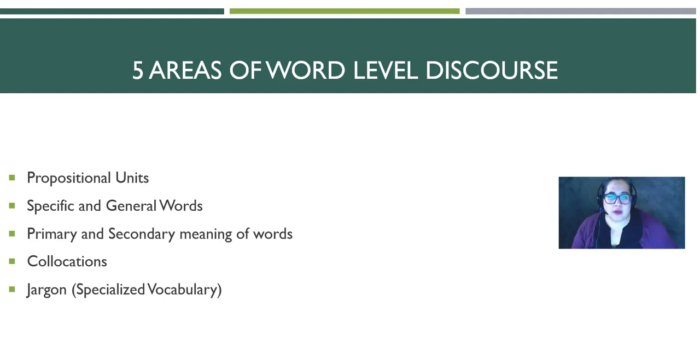And so your book talks about 5 areas of word level discourse. And if you're wondering, what is word level discourse? It's just the most basic stage of any language. So we can narrow it down: a passage, a novel, a long sentence, a run-on sentence, the most basic unit can be described in these 5 word level discourse units.